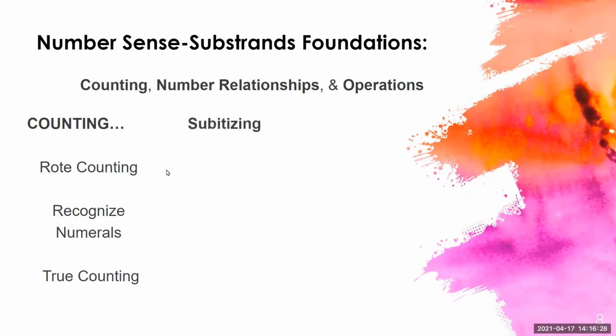Then you have subitizing, and this is when children are able to look at a small amount of something and know that it is a number. So the pips on a dice is a great way for children to start to learn and subitize that, oh, when I see 3 dots, that means 3. Children also develop one-to-one correspondence, meaning that each thing is equally represented.